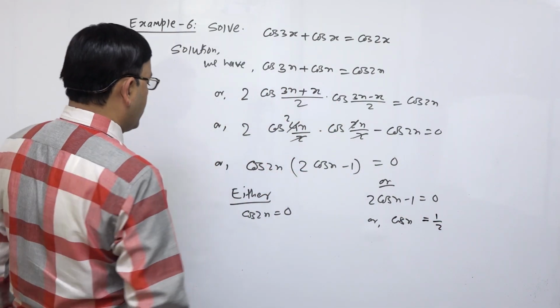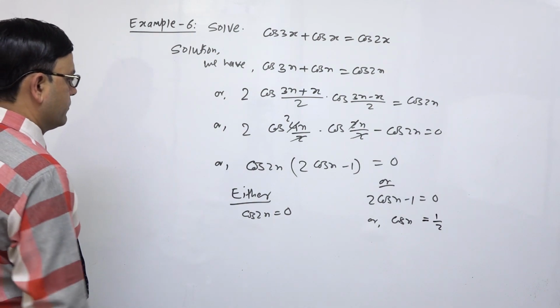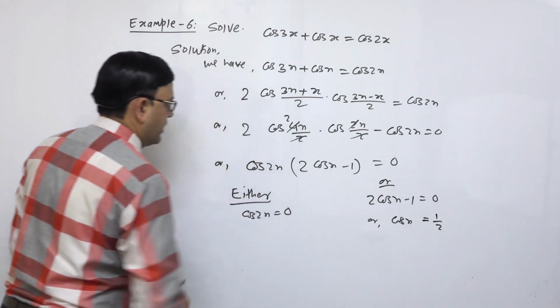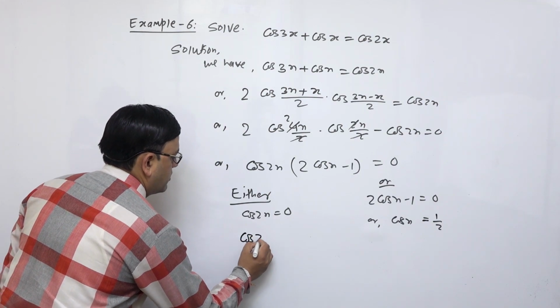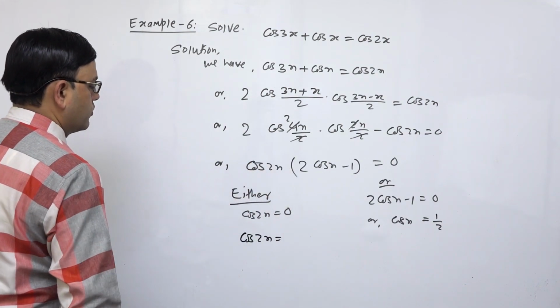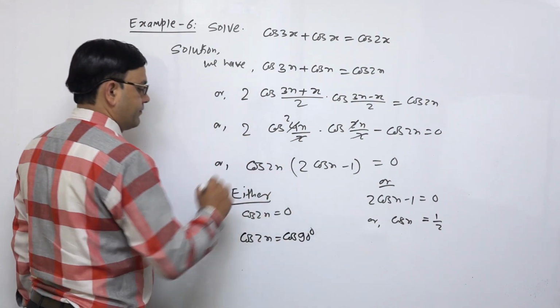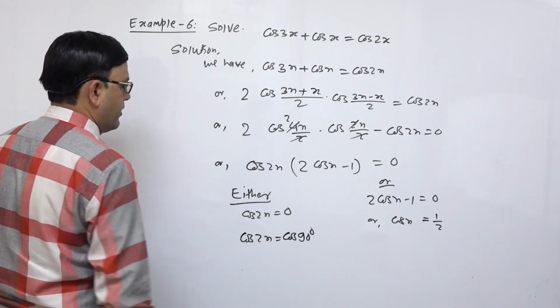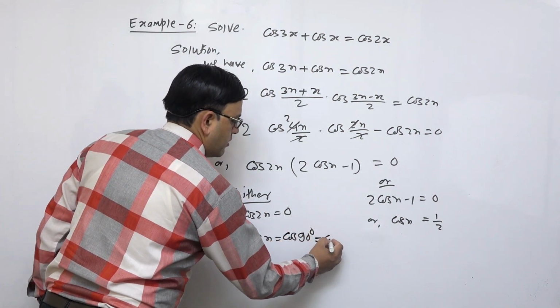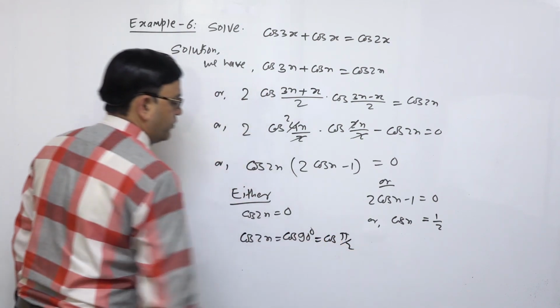So here cos 2x is equal to 0. We can write cos 2x is equal to cos 90 degrees, and cos 90 degrees is cos pi by 2.